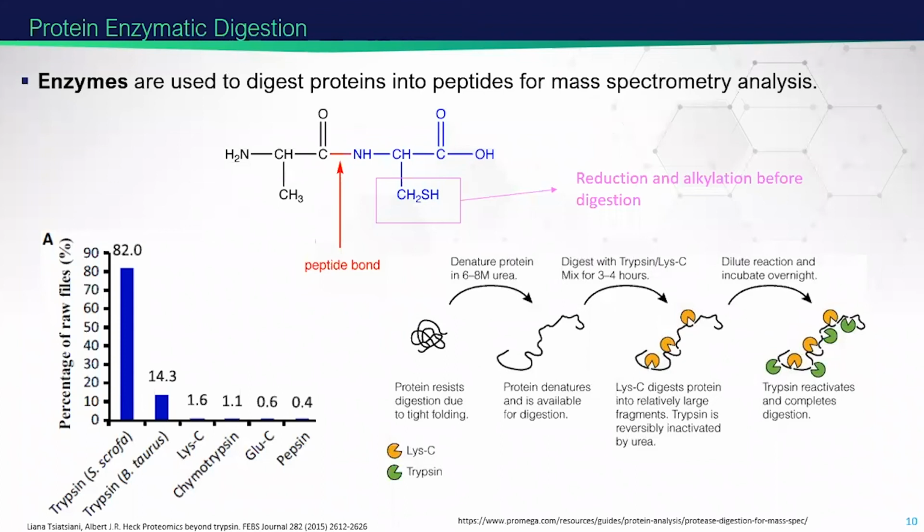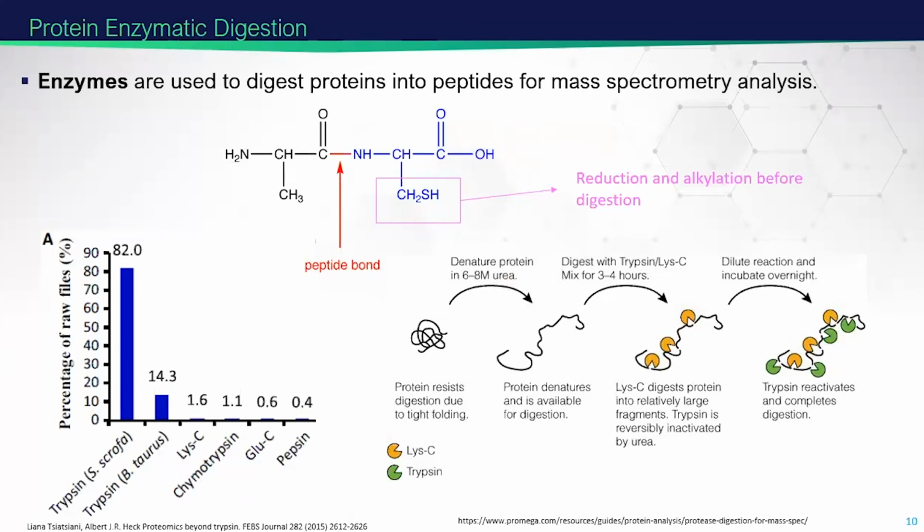Normally you need to reduce it, so the mass spectrometer can analyze it more easily later. After you reduce, because it is easy to react, you need to alkylate it before you do the digestion. So in the end, you will have a cysteine amino acid alkylated in your data.